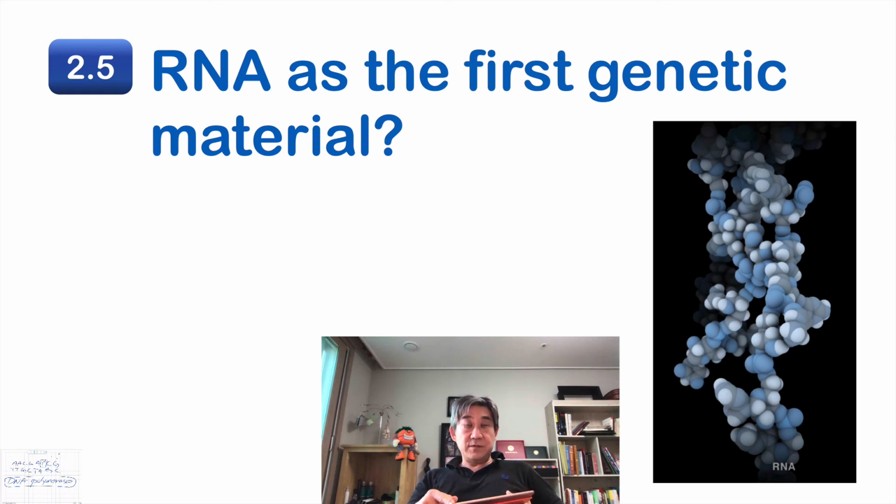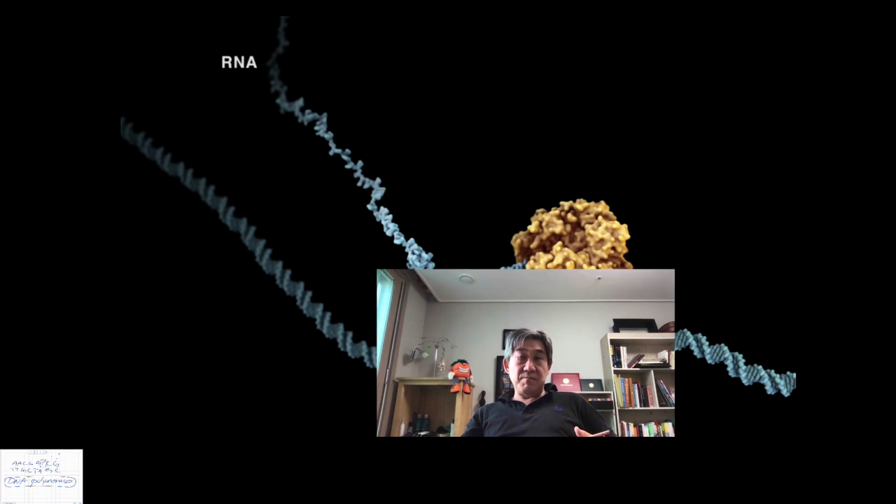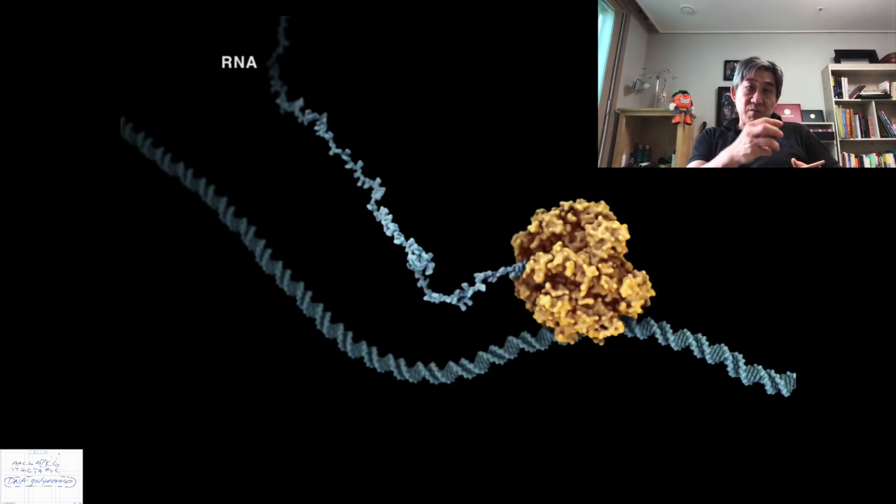So here, let's talk about the possibility that, up until now, the main highlight has been on DNA as the genetic material. However, in the very first type of cell, like LUCA, DNA might not have been the genetic material, is the idea here. In modern days, RNA is made as a result of copying a certain area of the DNA.